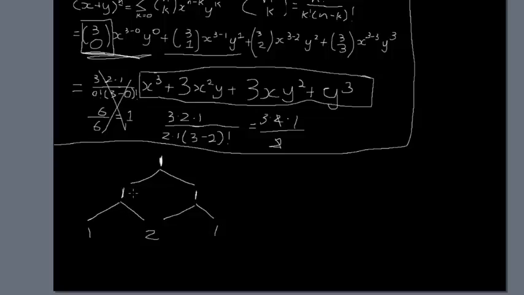Okay? As you can see, there's 2 ways you can get from here to there. And continuing on, we have here 1, this is 3, this is 3, and this is 1, right?